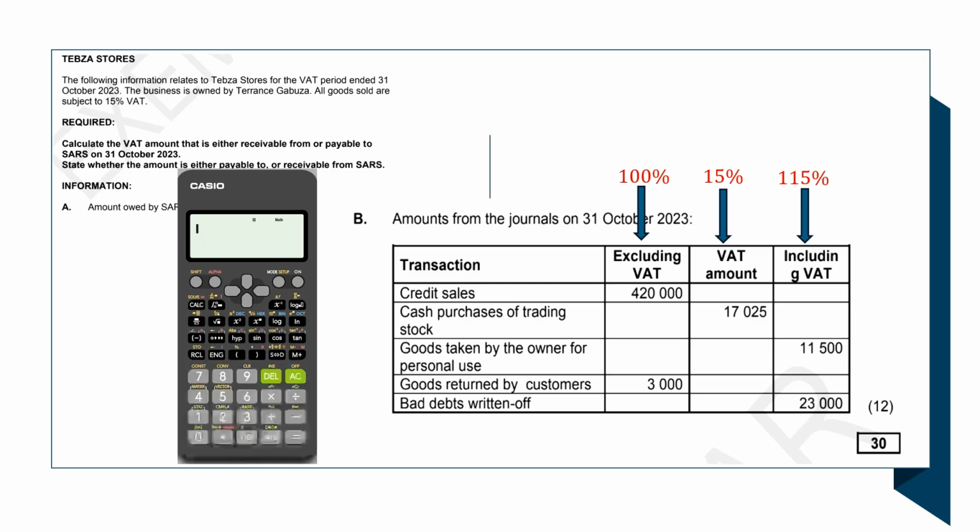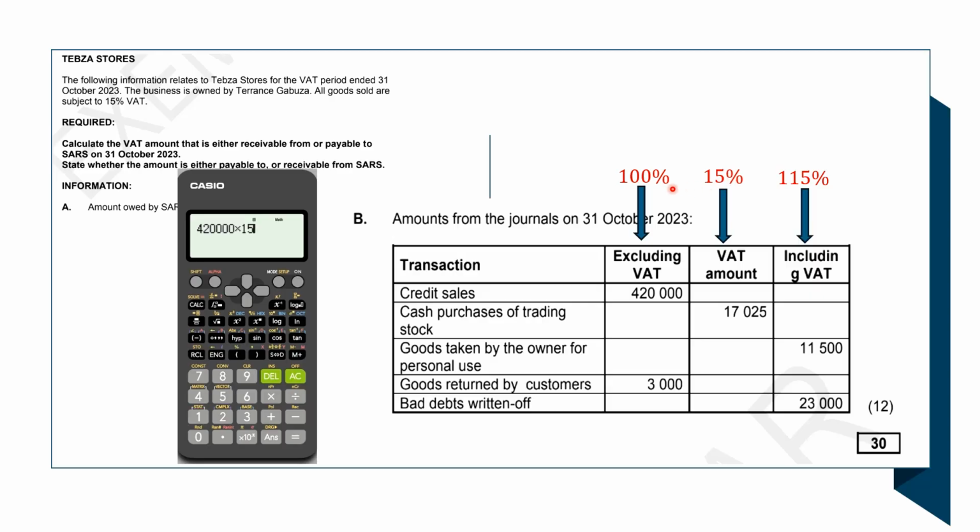Okay, so now we can start calculating. The first amount we're going to take is our 420,000. We're going to use this 420,000 to calculate our VAT amount. So we're going to say 420,000 times, using our UK method, what we want is the 15%, what we have is 100%.